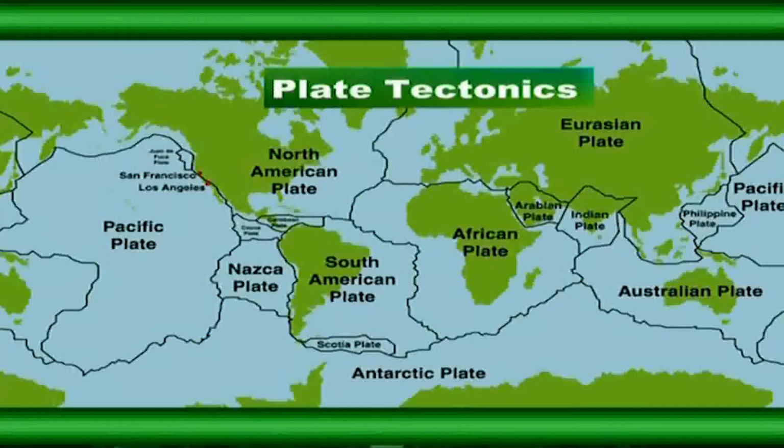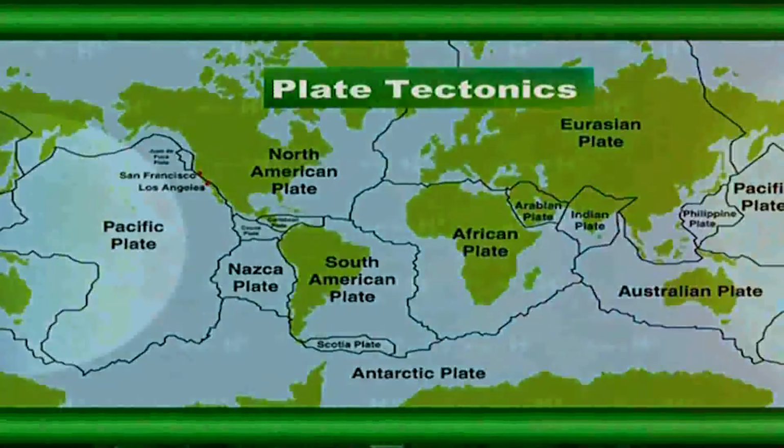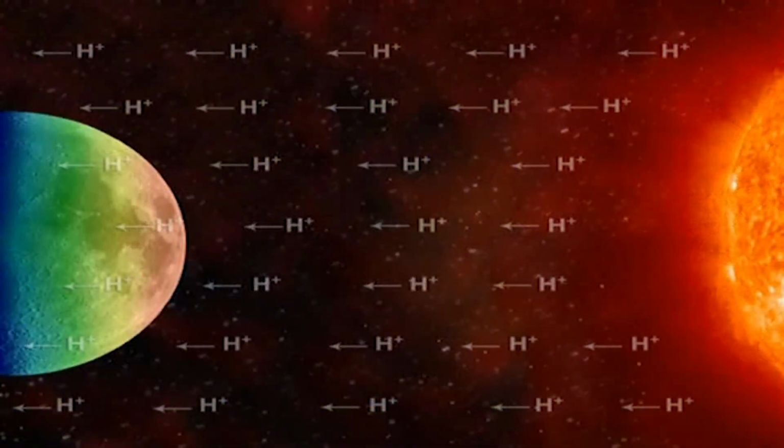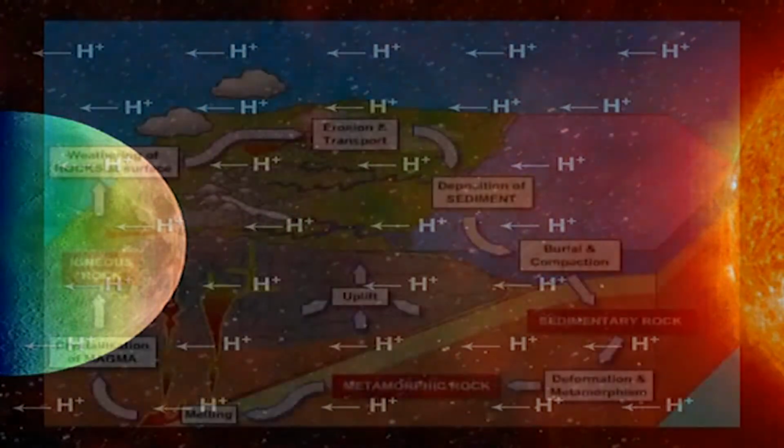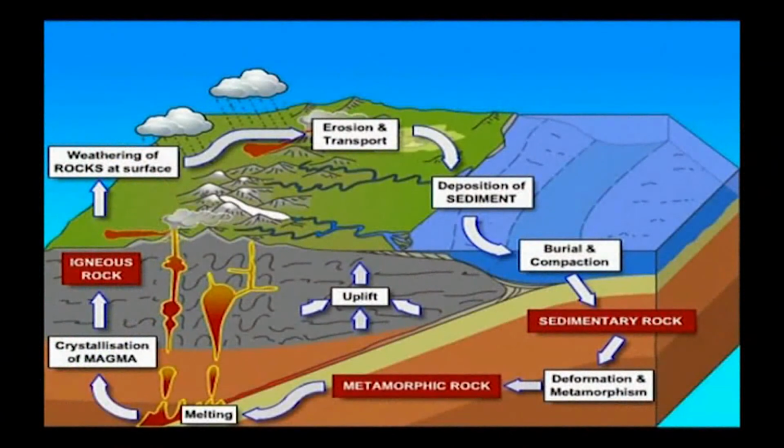On the other, there are a set of exogenetic forces operating on the surface of the earth, which wear down the land masses and deposit eroded materials elsewhere, mainly on the ocean floor.